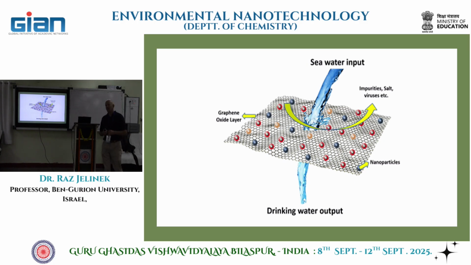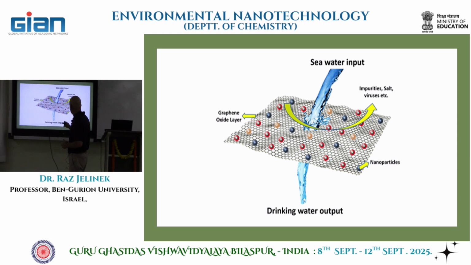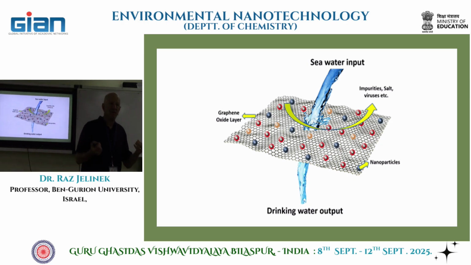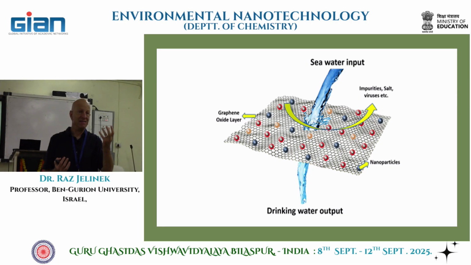Okay, how do we clean water? The easiest way to clean water, if you think about it, is just like we do anyway. You have a filter. You take water from one side. The filter is supposed to collect all the dirt, all the pollution, all the bad things in the water. And then on the other side, you're supposed to have drinking water. These kinds of filters are very common in many water cleaning devices and instruments.